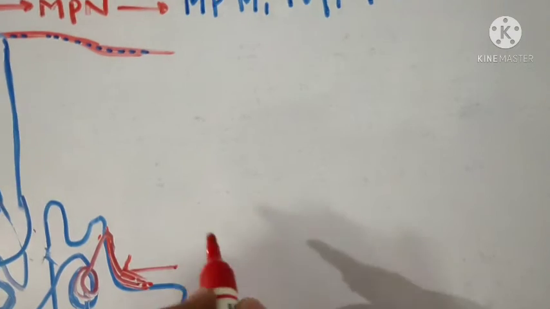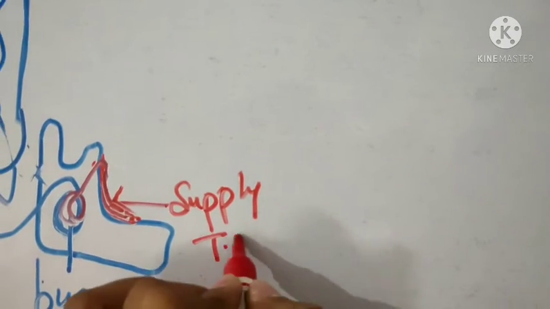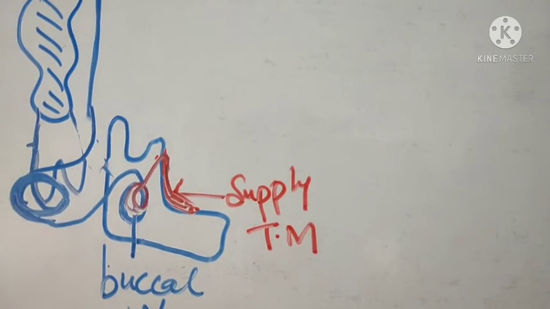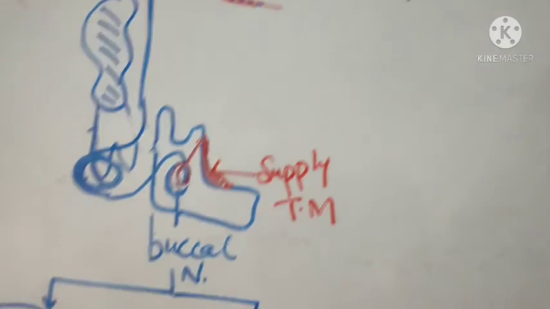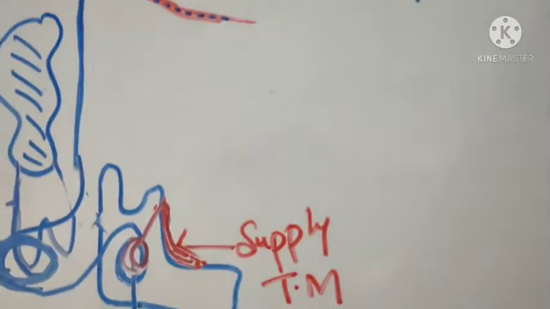So it runs along the anterior border of the ramus and supplies the temporalis muscle.